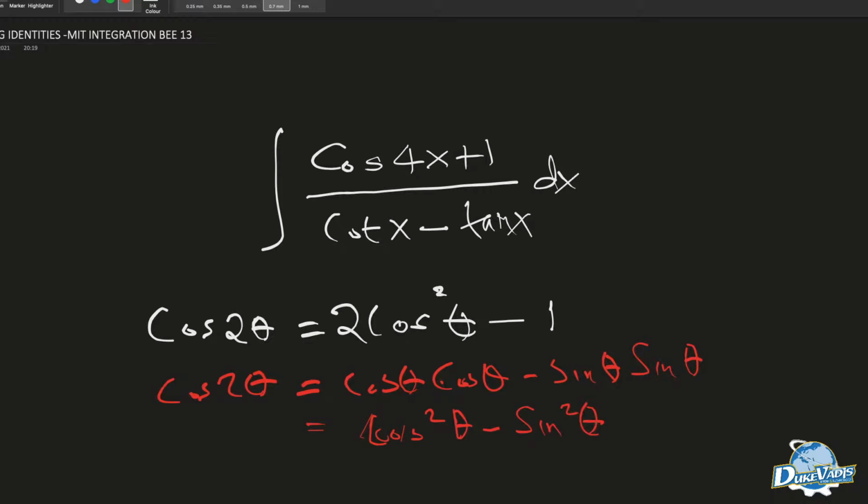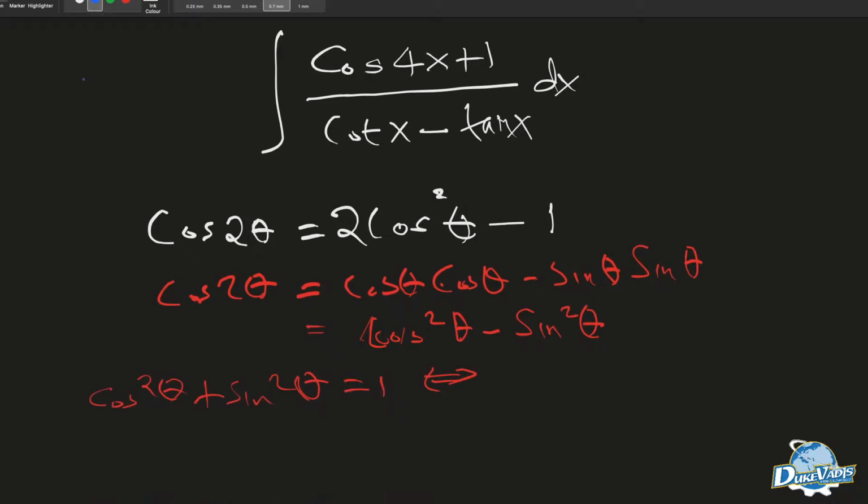Also, we know that cos squared theta plus sine squared theta is always equal to 1. So with this, we can say that sine squared theta is equal to 1 minus cos squared theta.